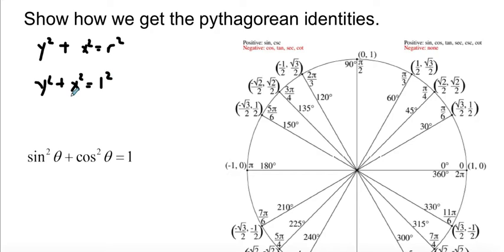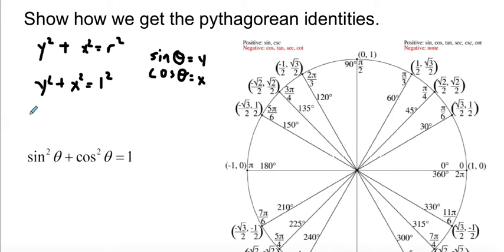And since it's the unit circle, we know that sine of theta is equal to our y, and cosine is equal to our x. We can simply substitute those in there.